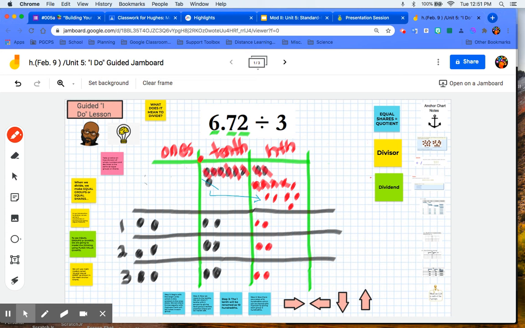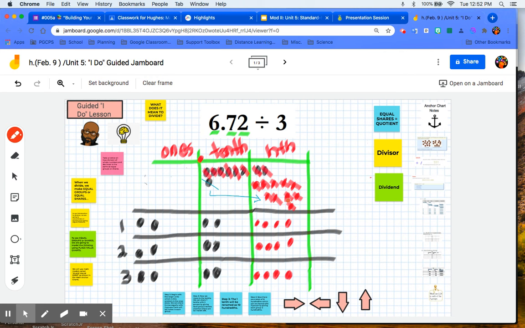One for you, one for you, and one for you, continuing until all twelve are shared. How many were left over?